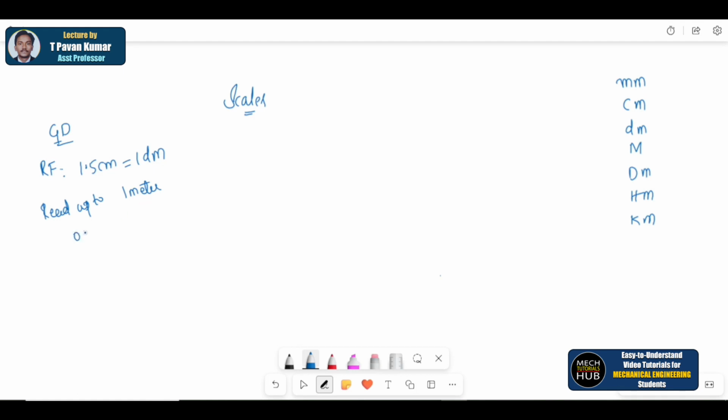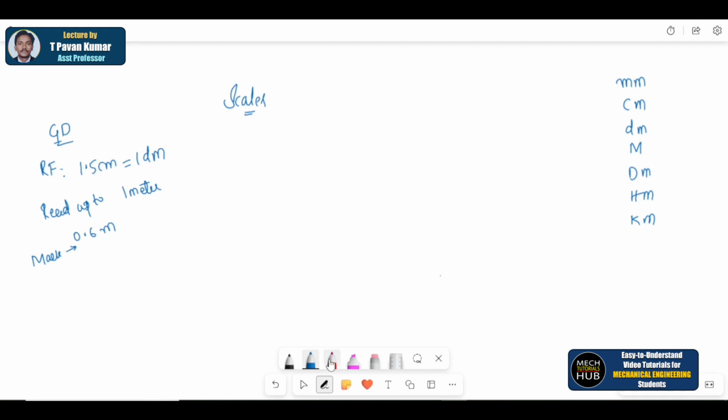Mark a distance of 0.6 meters. Okay, now let us say this is the complete given data. RF is equal to 1.5 centimeter is equal to 1 decimeter, read up to a distance of 1 meter, and mark a distance of 0.6 meters. Now let us see one by one.